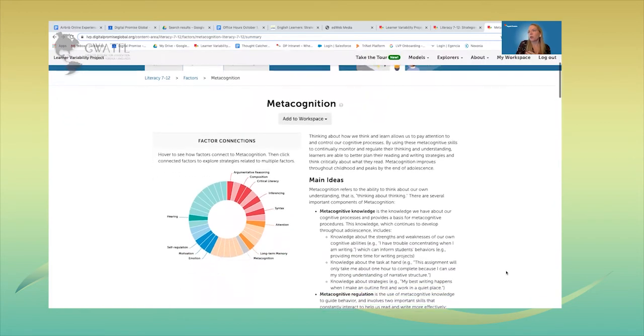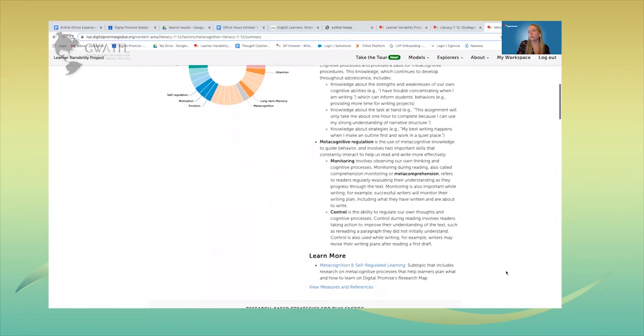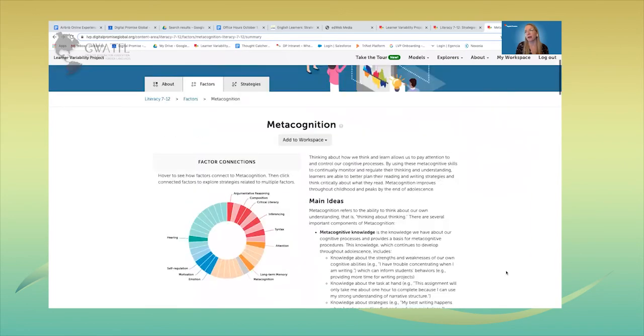Really understanding what metacognition is and how to bring it out in everyday reading and writing can really help students transfer that. This is one of my favorite factors to really dive into and think about how it impacts so much of learning experiences.